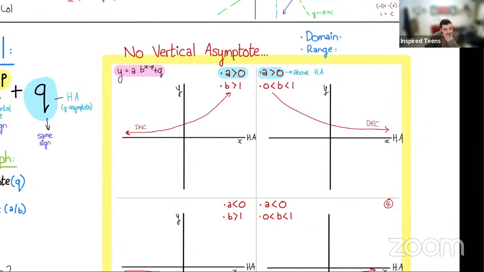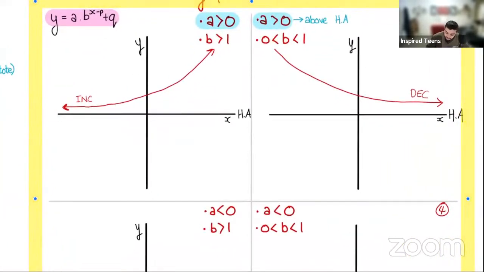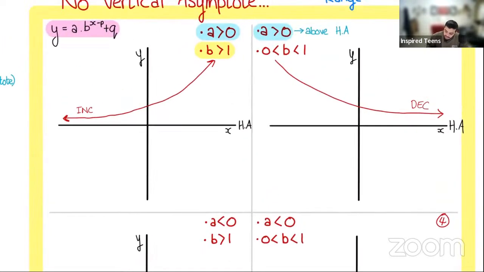So when a is greater than 0, the graph is above the horizontal asymptote. Then we have a difference in b. Here we have b greater than 1. Here we have it between 0 and 1. I'll give you examples of both.